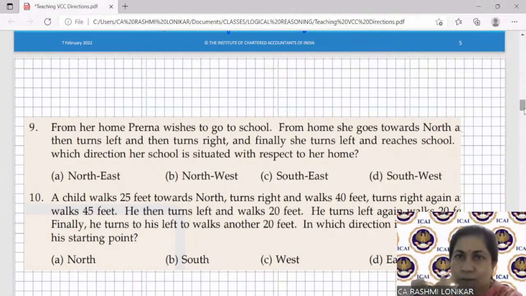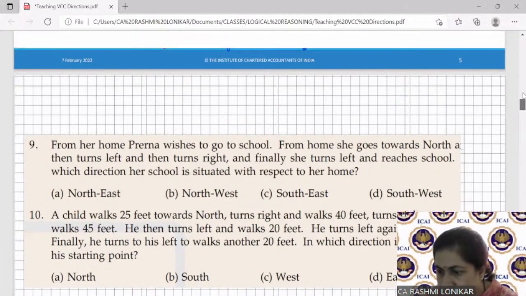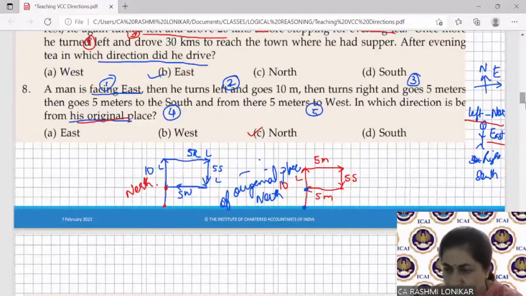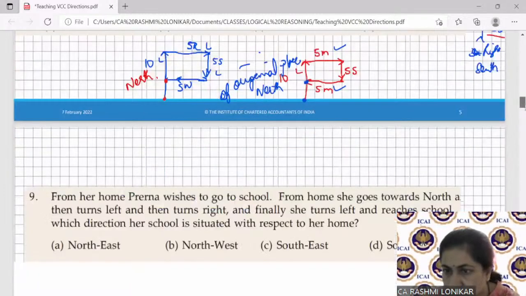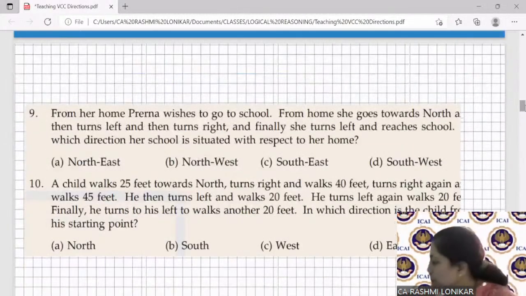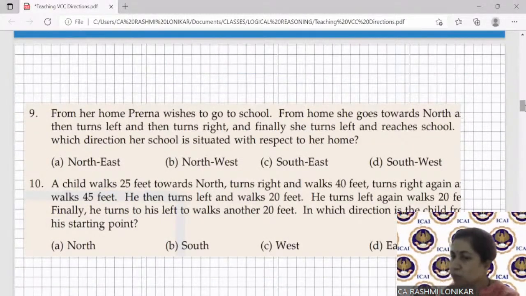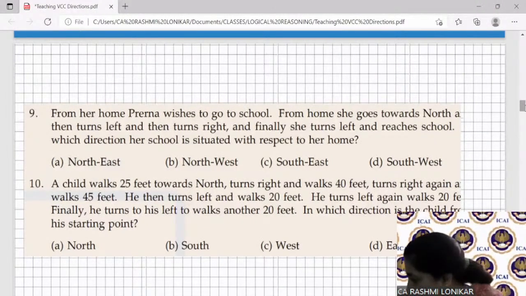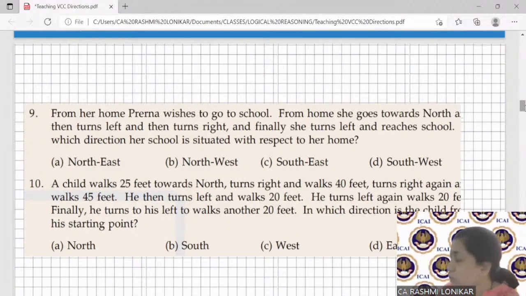When it is 5 kilometers here, this is also 5 kilometers, and this is also 5 kilometers. So you can see the structure that it is forming. Understood till here?